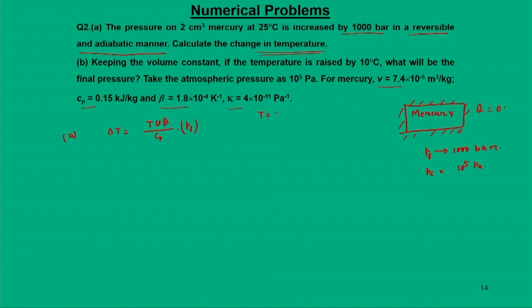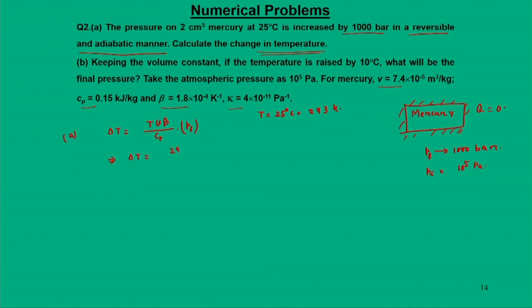T is 25 degree centigrade, that is 298 Kelvin, and beta is given, specific volume is given, Cp is also given, and Pf is 1000 bar, that has to be expressed in SI unit, in terms of Newton per meter square.